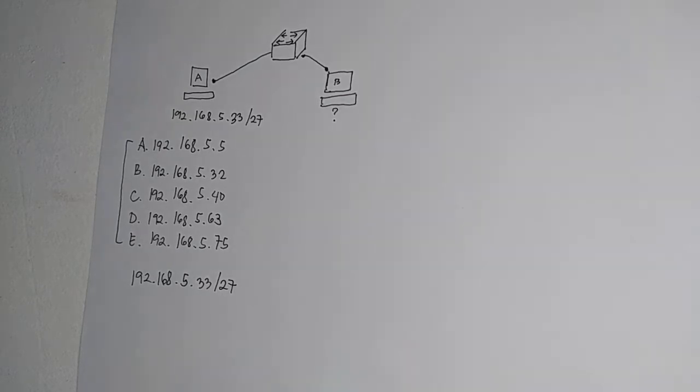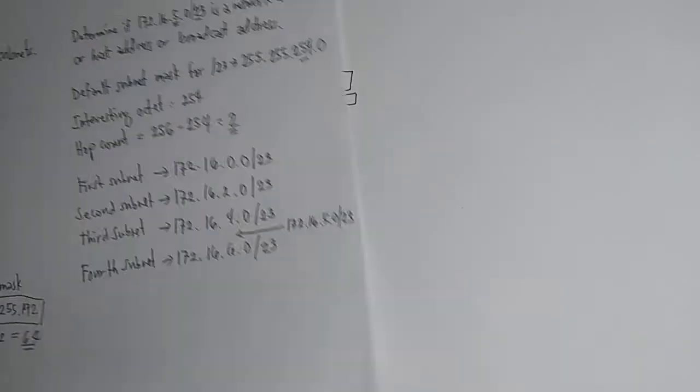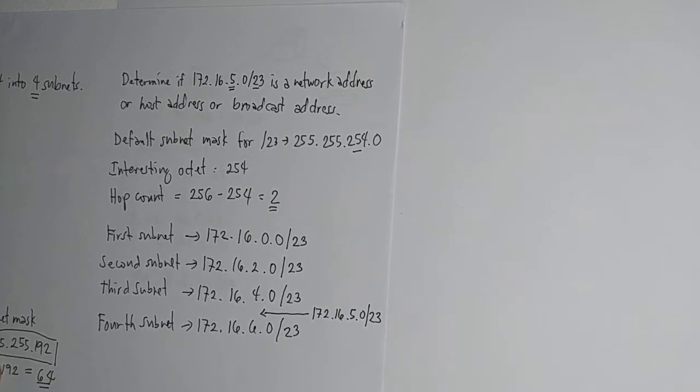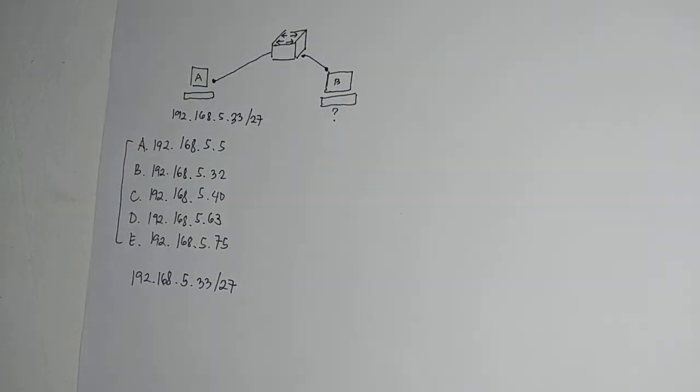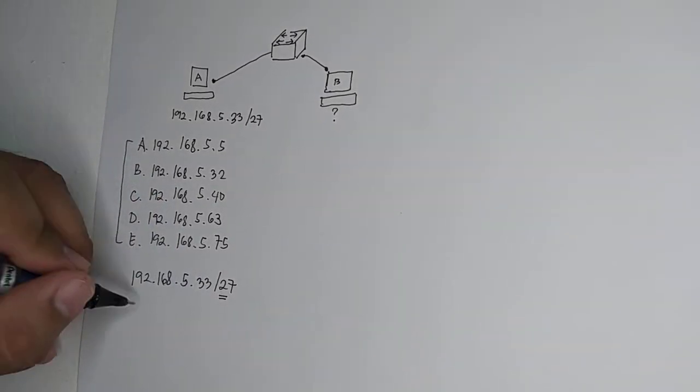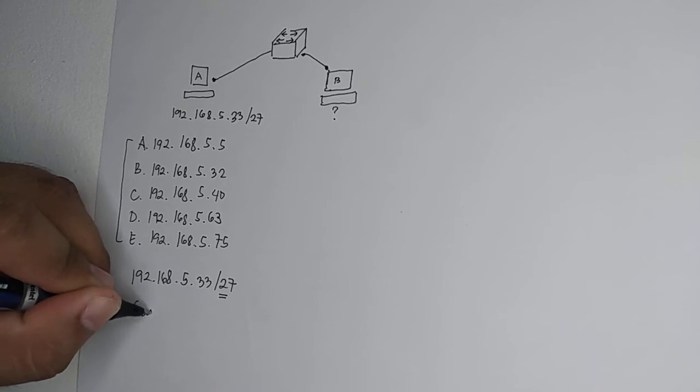Remember what you did on the previous example. We checked if the given address is a network address, a host address, or the broadcast address. Can you recall what we did? We will do the same, and check which of the addresses will belong to the next computer. Using this solution, the /27 notation has a default subnet mask.